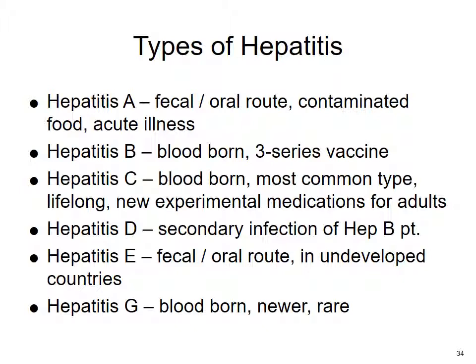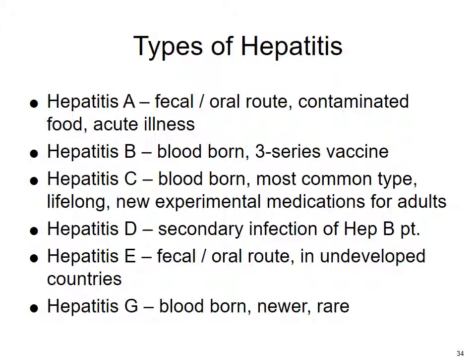Hepatitis C, also chronic, also blood-borne and lifelong. This is the most common one that we see, mainly because there's no preventative for it. There are new experimental medications for adults that are out on the market now. They're not cures, they're just to help mitigate symptoms and decrease that viral load to keep the active viruses in circulation at bay.